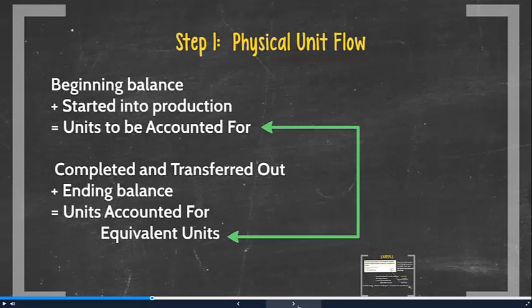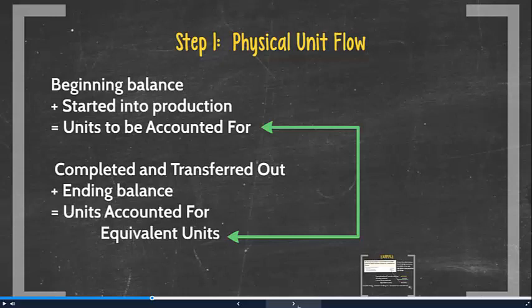In the first step, we account for the physical unit flow, which just means we're going to look at how many units we have and where they are at in the production. Typically given to us is the beginning balance that we started with, the units that we put into production during the period, and that will equal our total units to be accounted for.